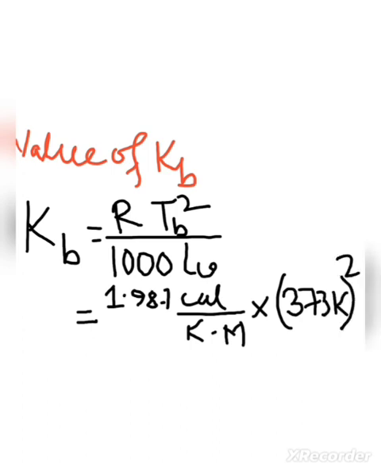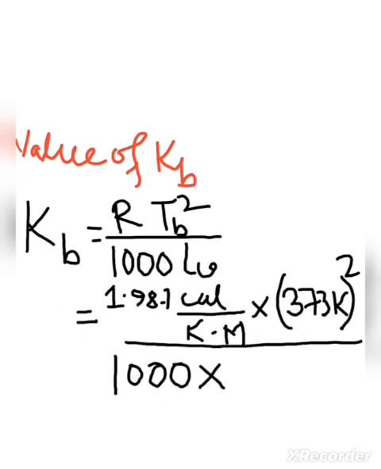Its square divided by 1000 into the latent heat of vaporization. The latent heat of vaporization is 540 calorie per gram for water.